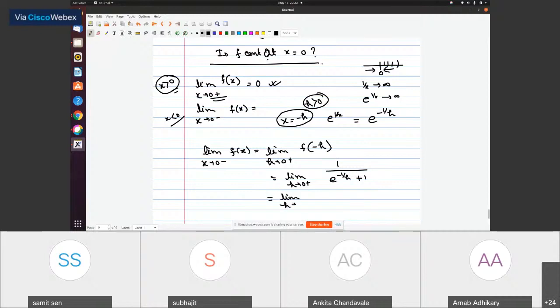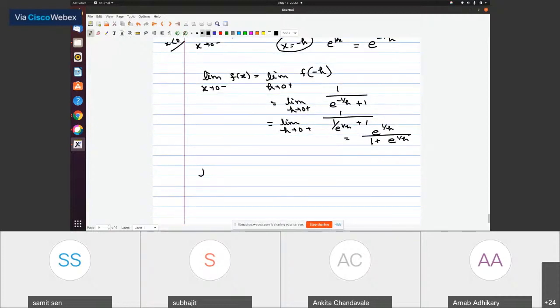So this I can write as 1 by, now this is 1 by e power 1 by h, plus 1. So I am getting e power 1 by h by 1 plus e power 1 by h. So basically I have to calculate the limit h tending to 0 plus of e power 1 by h by 1 plus e power 1 by h.